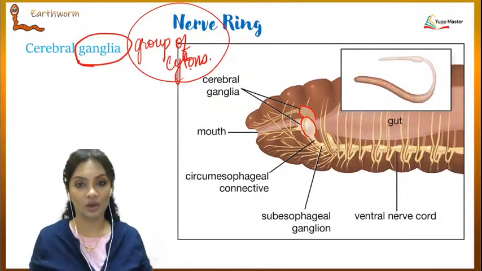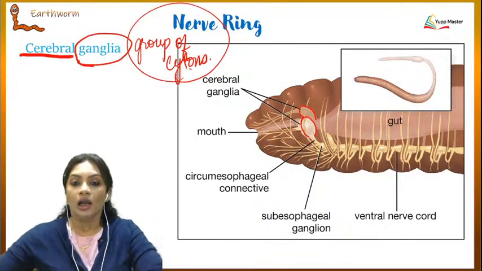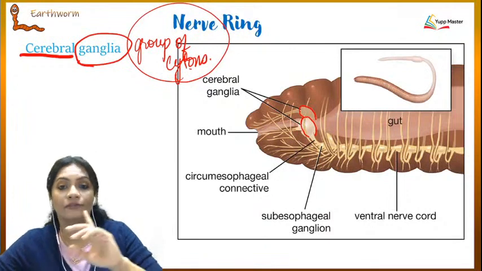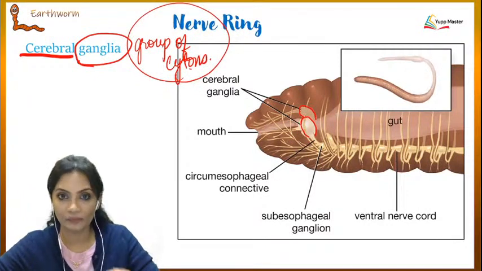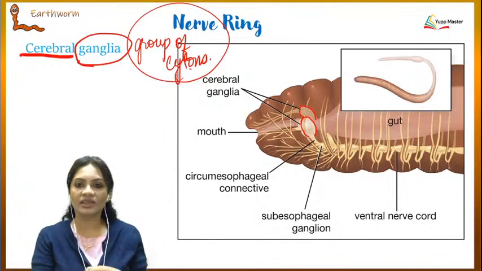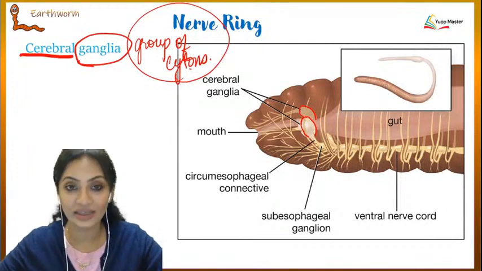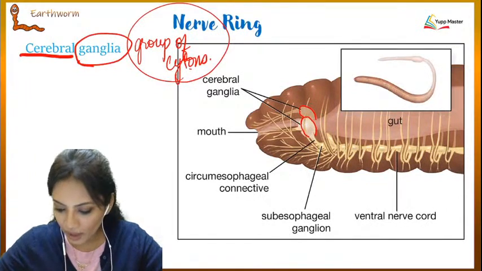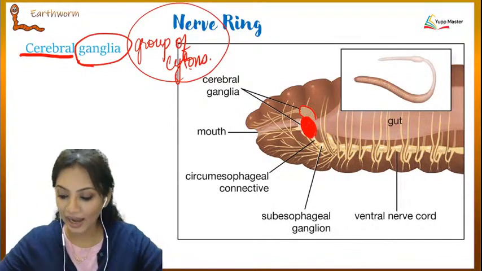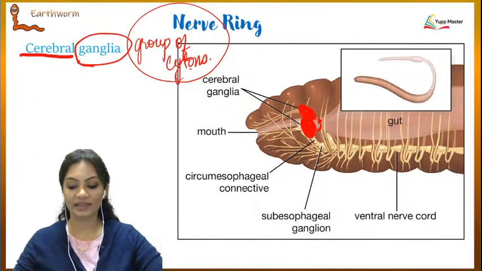Hence, we call these the cerebral ganglia. Then look at where these cerebral ganglia are present. Remember, I told you that if anything in the earthworm is paired, then one part of it will be on one side of the digestive system and the second will be on the other side. So we see here that in the cerebral ganglia, one ganglion is on this side of the digestive system, and on the other side of the digestive system is the second ganglion. That makes it a pair.